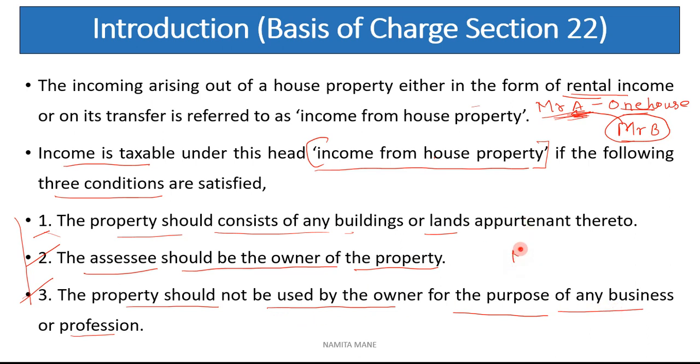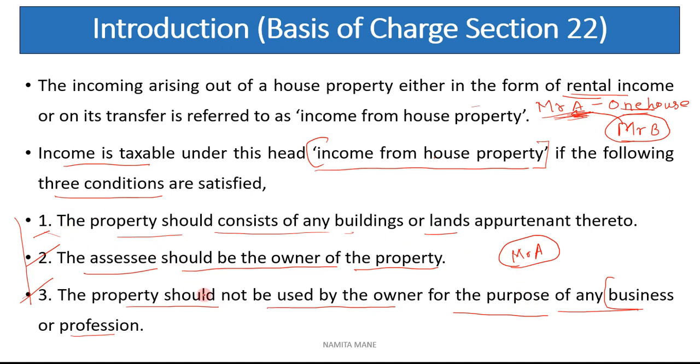Now suppose Mr. A is the owner of that property and Mr. A is using that property or house for his business or profession. Then whatever income is generated from that property will not come under income from house property. It will come under the next head, income from business or profession.